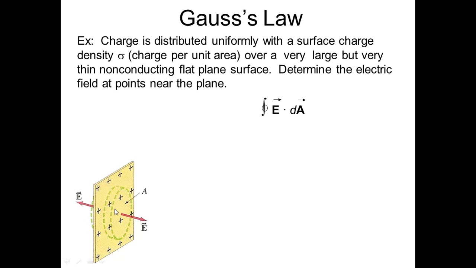So there's going to be E field on the right of the plane, and an E field on the left of the plane. But notice how it's only going through the top surface of your rectangular prism, or your cube, or in my case here, my cylinder. It's not going through the edges. It's only going through the top surface and this bottom surface.